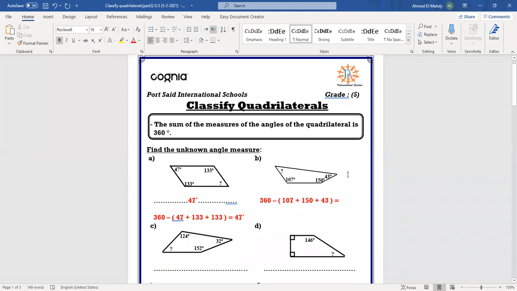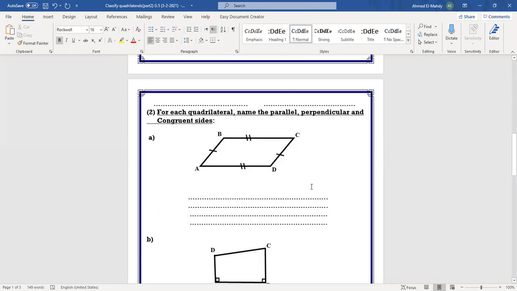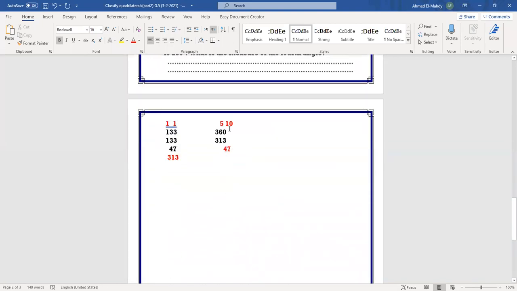Okay, add firstly 107 plus 150 plus 43 plus 43.